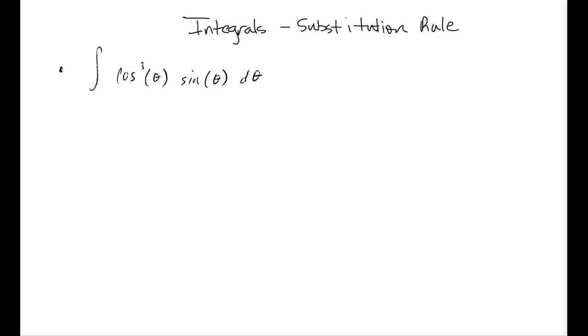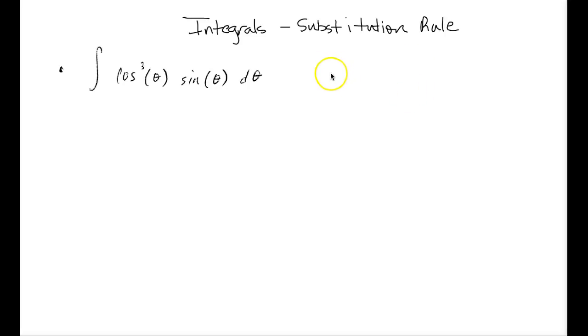And so whenever we use substitution, the idea is that there is something in the integrand that if we took the derivative of it, we could come up with the rest of what the integrand possesses. So in this example, we see that if we took the derivative of sine theta, we would just get cosine theta, but that wouldn't help us get anything with cosine cubed theta.